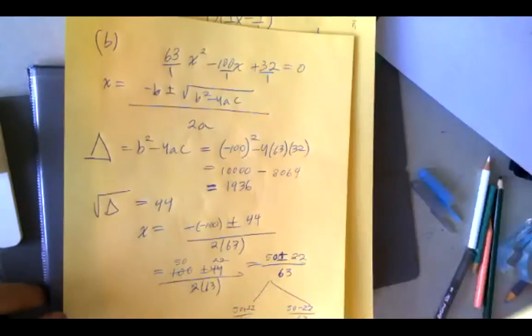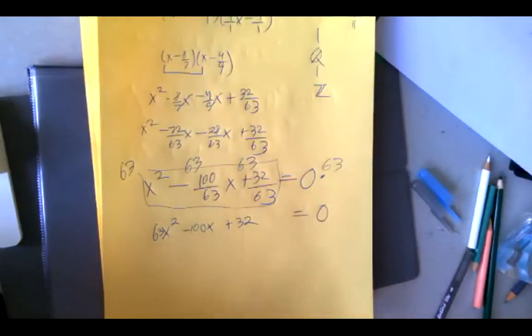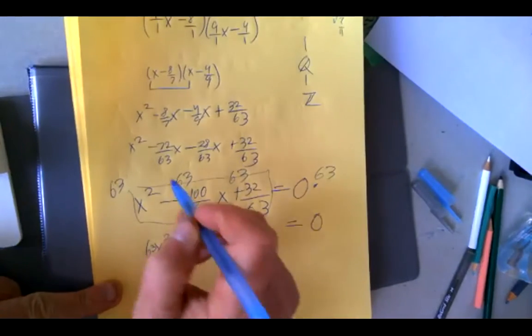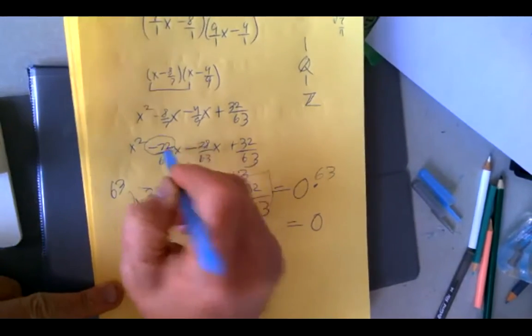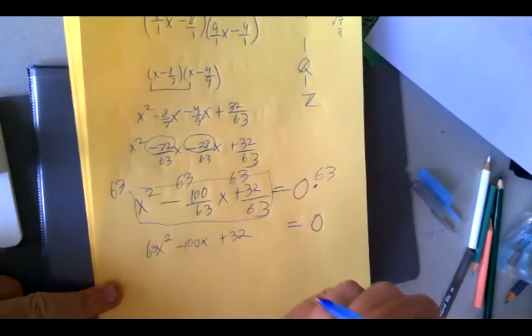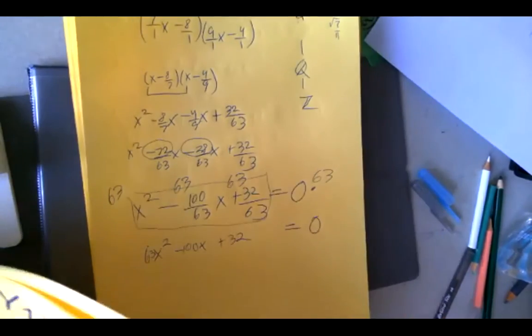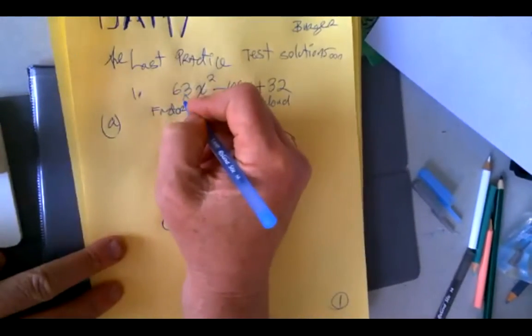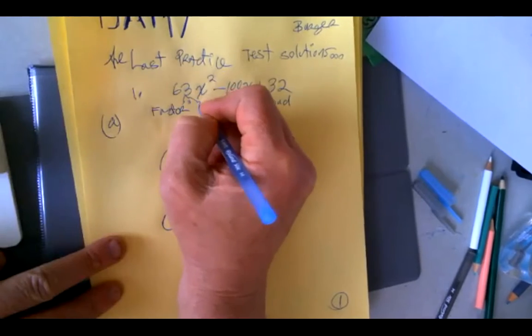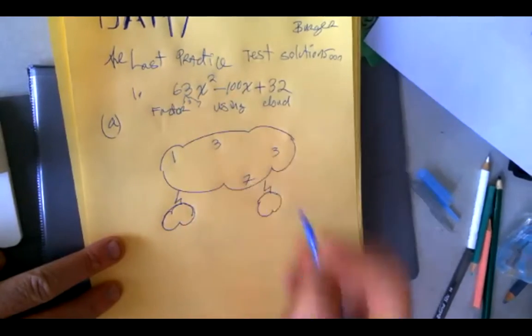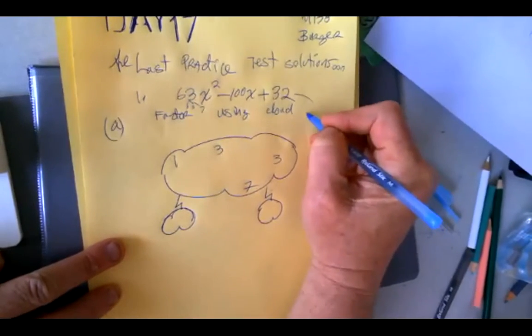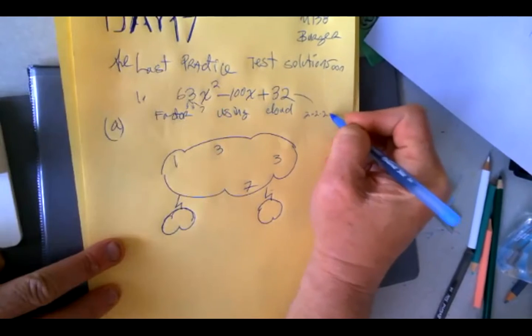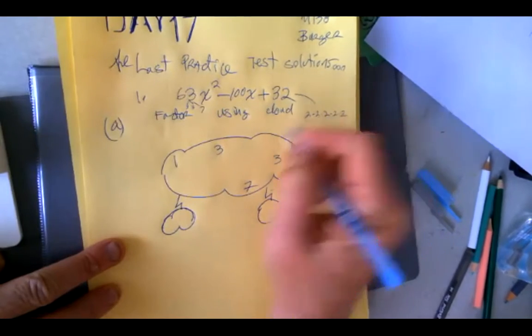So let's look into that. See that? See how this is showing up right there? Does anyone see that? Yeah, that's the key. This is 3 times 3 times 7, 3, 3, 7. This is 2 times 2 times 2 times 4, 1, 2, 3, 4, 5.